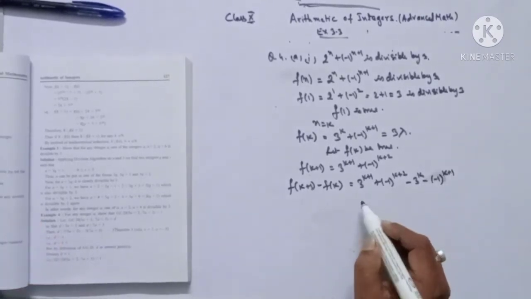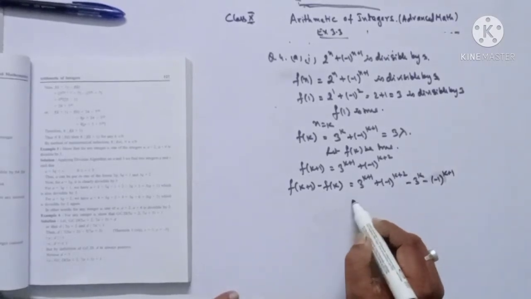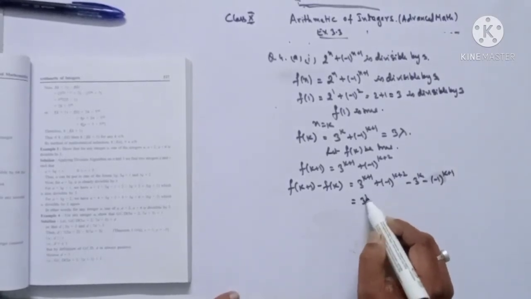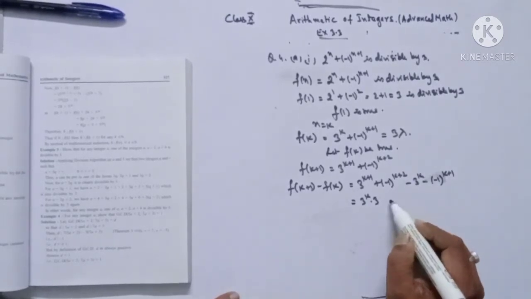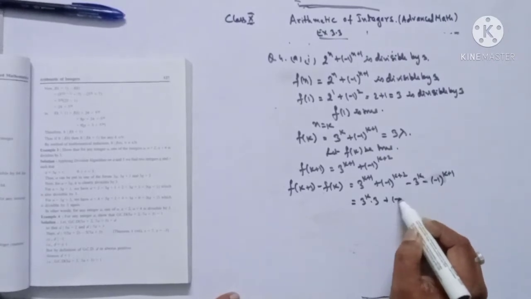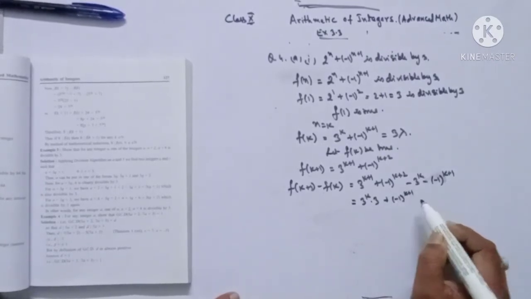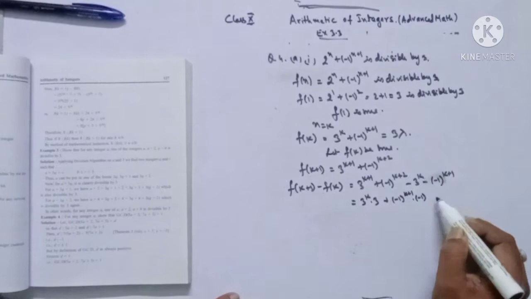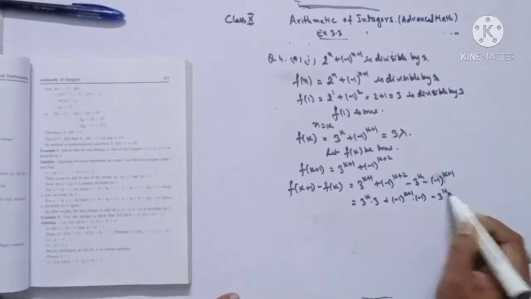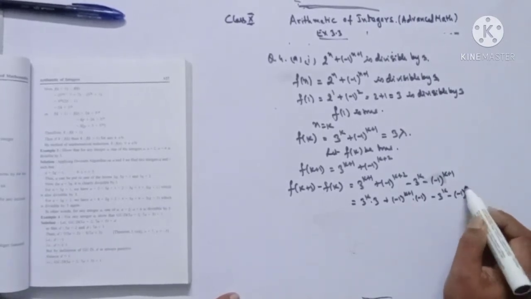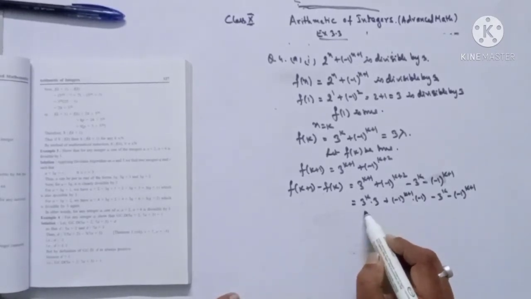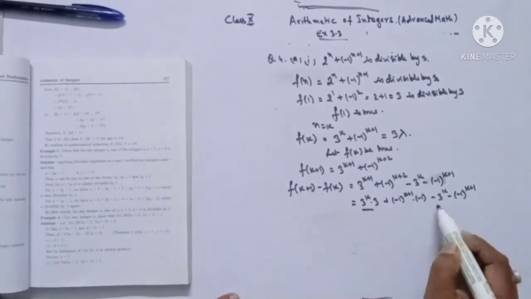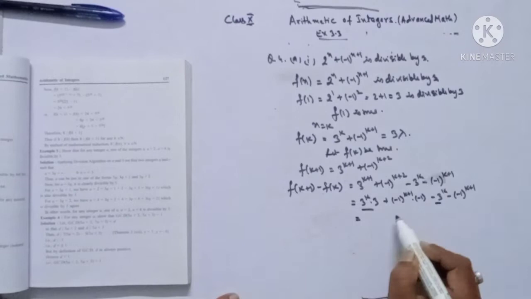So now here you see this is 2 to the power of k into 2, and this will be minus 1 to the power of k plus 1 into minus 1, and minus 2 to the power of k minus minus 1 to the power of k plus 1. So here again you see that this and this.